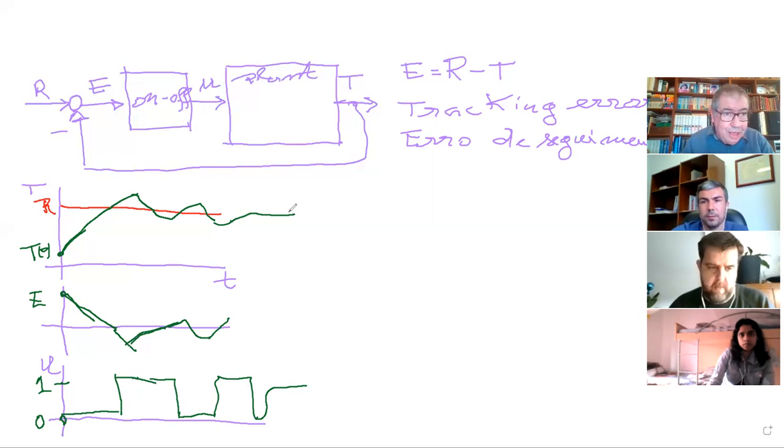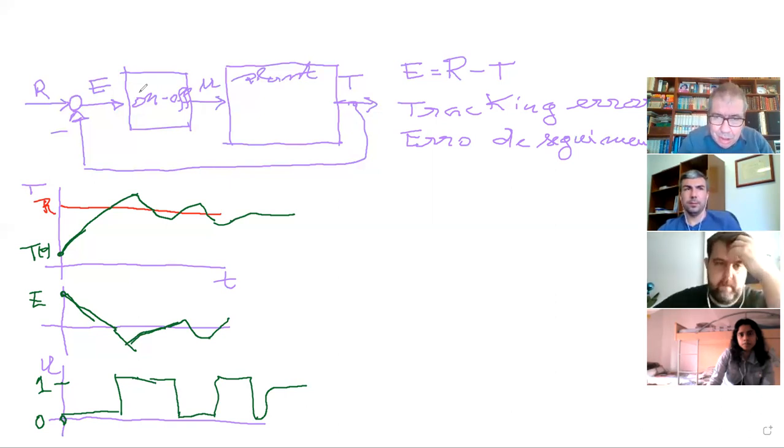So instead of having here an on-off, what would be probably reasonable to have? Something that gives you this continuous adjustment. What could be this continuous adjustment?